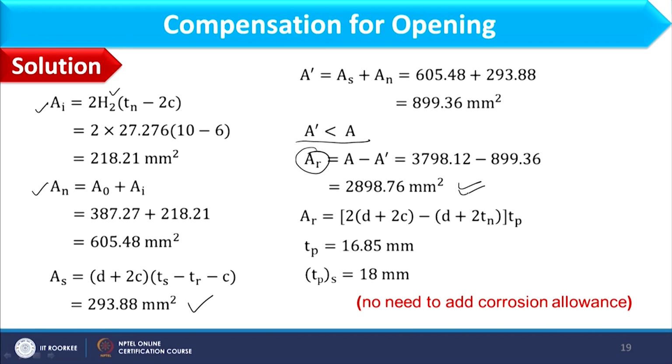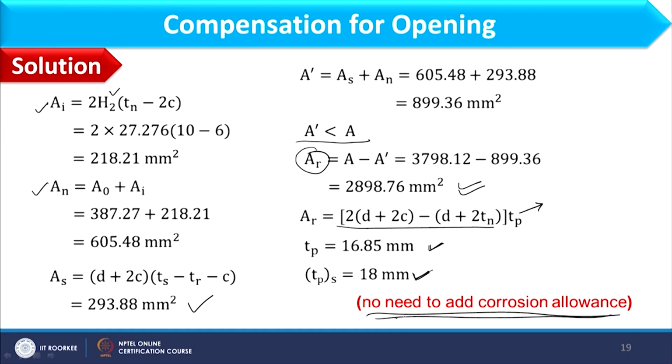Once I have the area of ring pad, I will put that in the given expression and calculate the thickness of ring pad, and it comes out as 16.85 mm. Though in the problem we have to take TPS as the next higher value than this, this value we have taken from table B1, which is 18 mm. In that case, no need to add corrosion allowance.